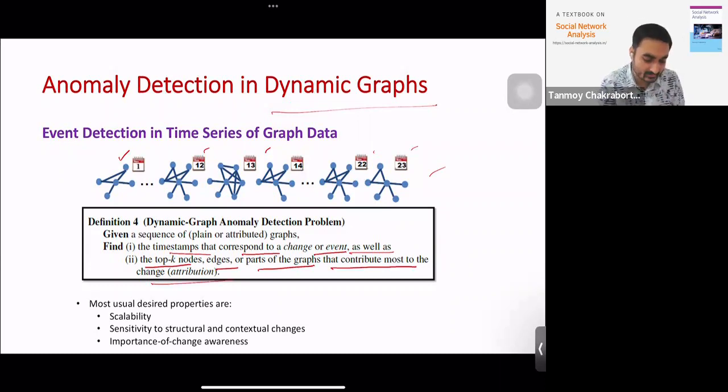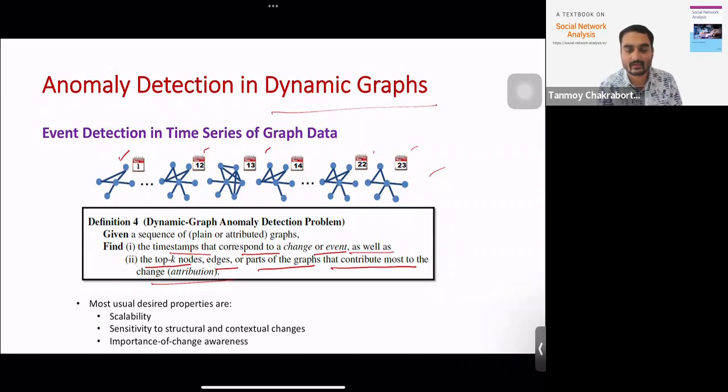So we are interested in identifying a particular timestamp or a set of timestamps where the graph structure changes drastically. Now, it should not happen that the entire graph structure changes drastically. What would happen is that a few nodes or a few edges change their behaviors over time so that they look anomalous with respect to time.